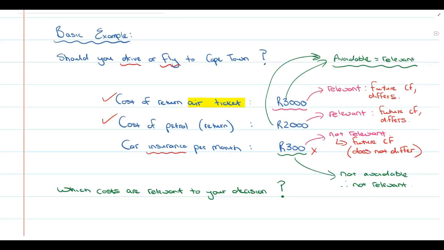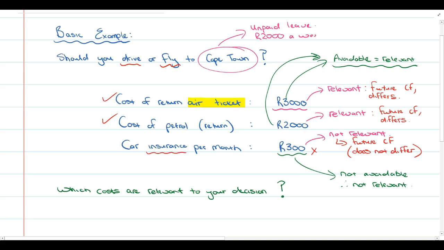So if we go back to this basic example, let me add to this example and say, when you go to Cape Town, you don't have any annual leave left. So you're going to have to take unpaid leave. And let's say normally you earn 2,000 Rand a week. Those are your wages. This is a perfect example of an opportunity cost, because if you do go to Cape Town, because you don't have any paid leave left, you're going to have to take unpaid leave, which means if you go to Cape Town for a week, you are going to lose out on earning wages of 2,000 Rand, and that is an opportunity cost.